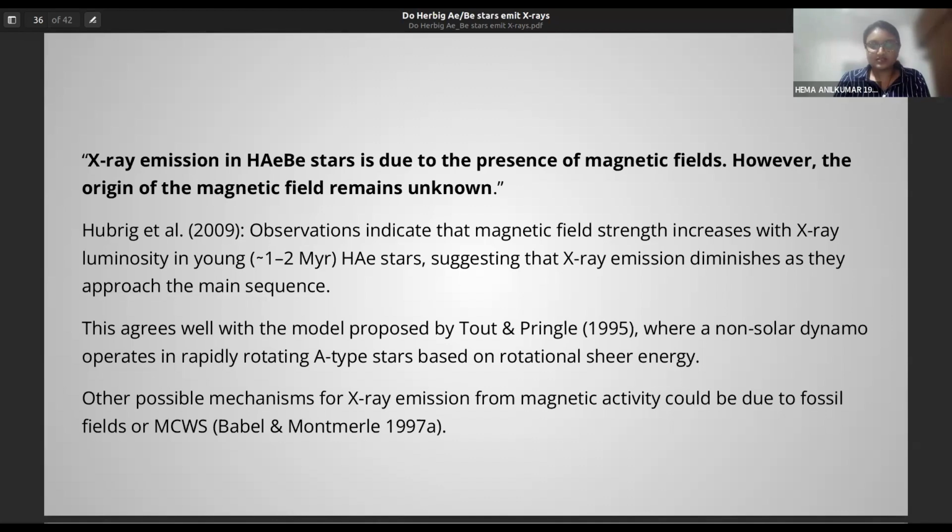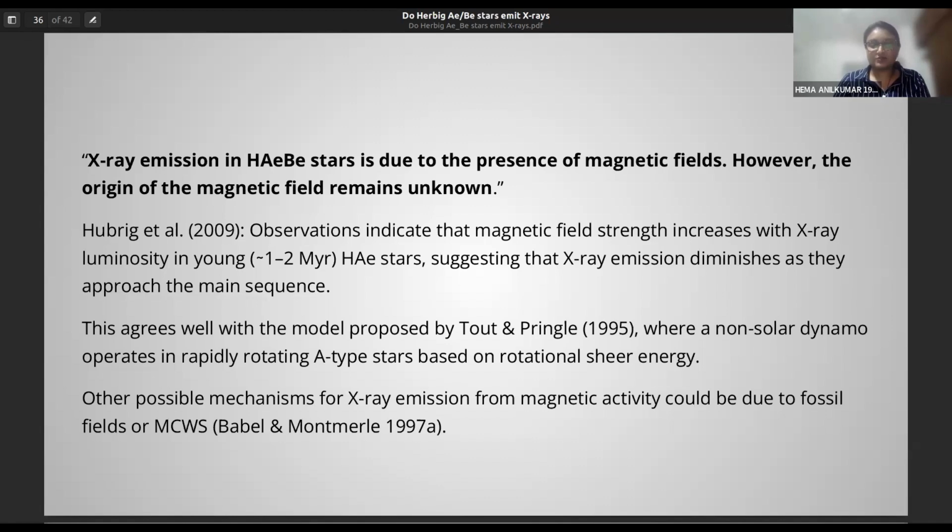So during this, they also observed a diminution in X-ray emission. So in that correlation, we have to see. When we compare a sample of data, most of the pre-main sequence stars show a higher X-ray emission compared to the main sequence stars.